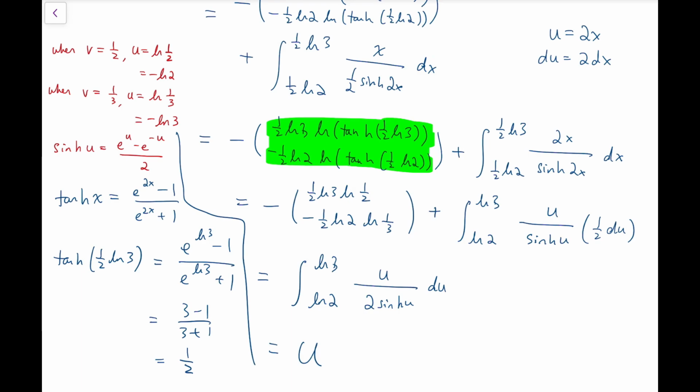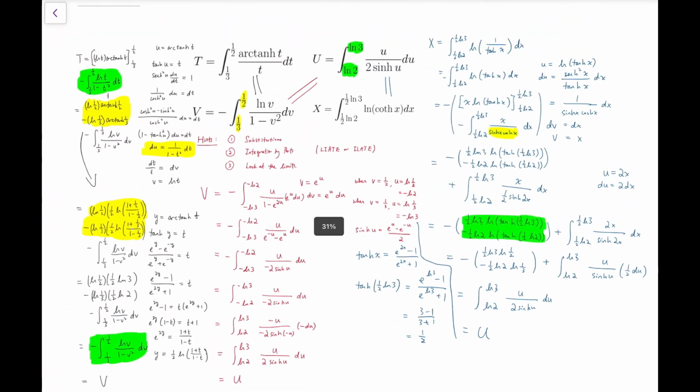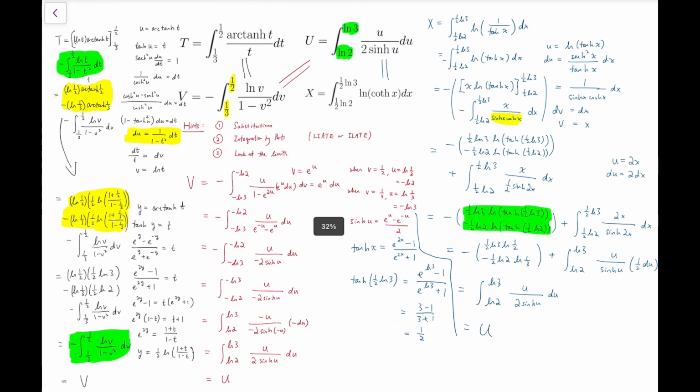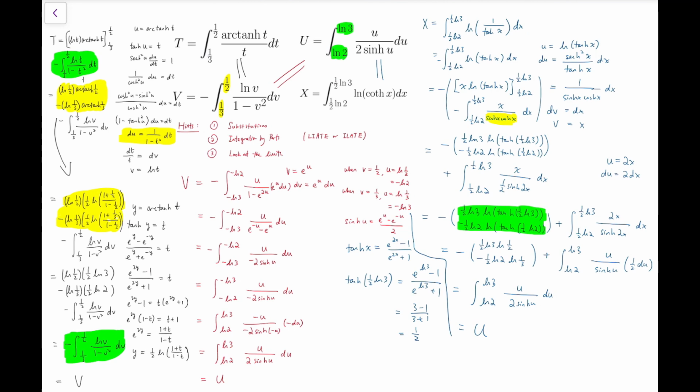And that's exactly U. So altogether, after all these operations, showing that 3 pairs of integrals are equal, I've managed to show that T, U, V, X, all 4 integrals are equal. And so I've finished this problem.